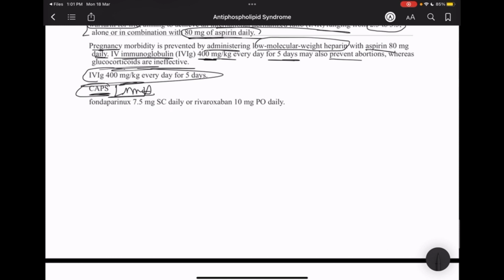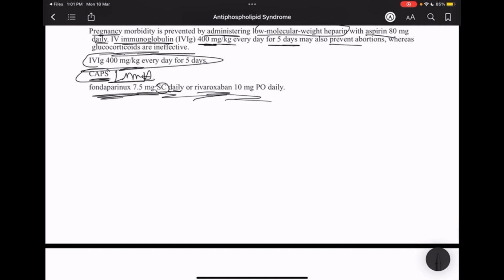But if we have heparin-induced thrombocytopenia, which is one of the adverse effects of heparin, we can give fondaparinux subcutaneous daily, and rivaroxaban, 10 milligrams per os daily. They are effective in case of heparin-induced thrombocytopenia.